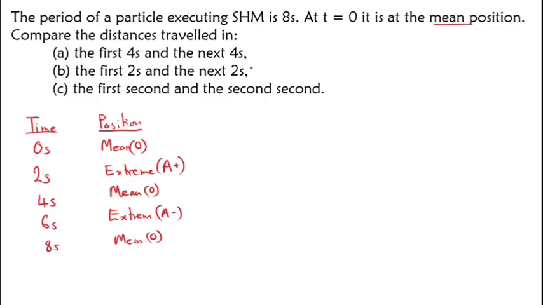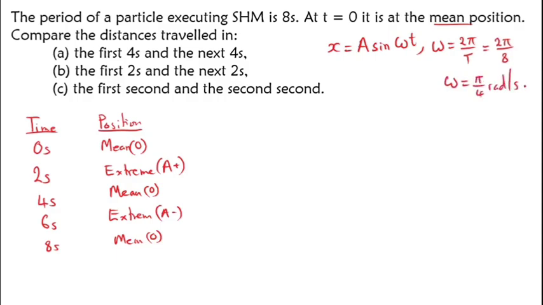Using the formula x = a sin(omega t), omega is found by the formula 2 pi over T. Now our period is 8, so this is 2 pi over 8. If I reduce this, omega will be equal to pi over 4 radians per second.